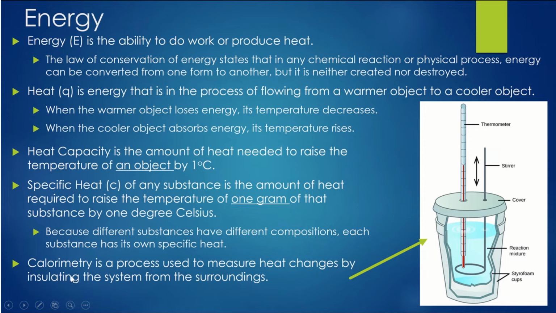Finally, calorimetry is a process of measuring heat changes. And it's actually a very old process. Scientists have been using this for hundreds of years. We'll usually take 2 styrofoam cups or a calorimetry cup. I think you used the calorimetry cup last chapter a little bit. But they're basically styrofoam cups, and styrofoam's a very good insulator.